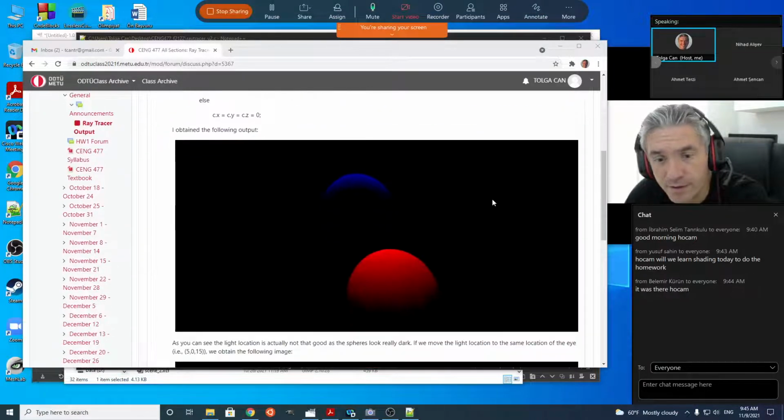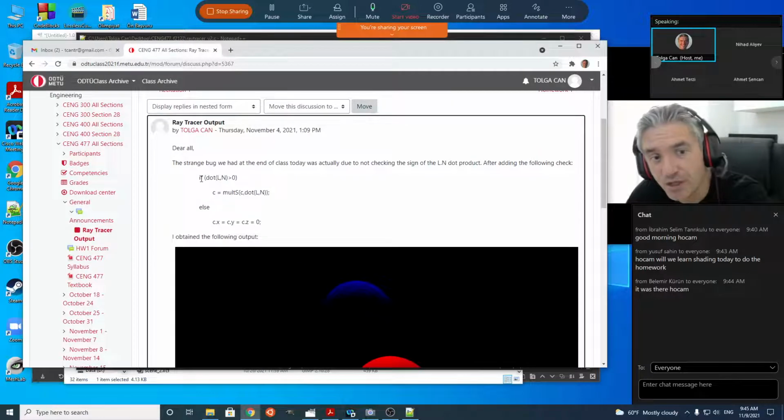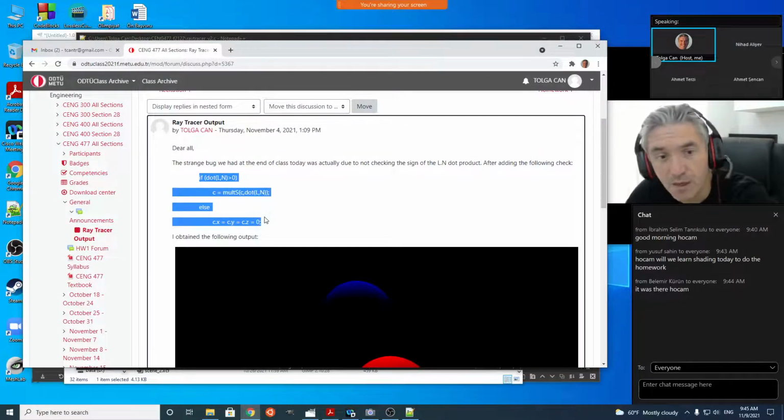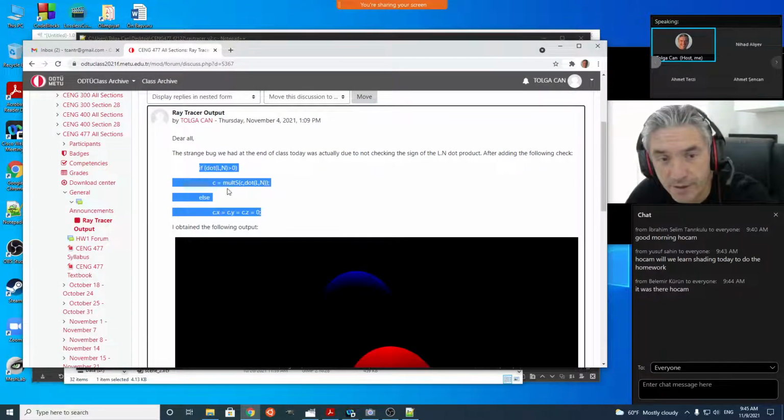Here in this one, if you add this code to the buggy version, it corrects the diffuse calculation. The dot product between the light vector and the normal vector on the surface, which we use to compute our diffuse shading, should be a positive number because there are no negative colors. If the light is behind the surface, it shouldn't be visible there at all.